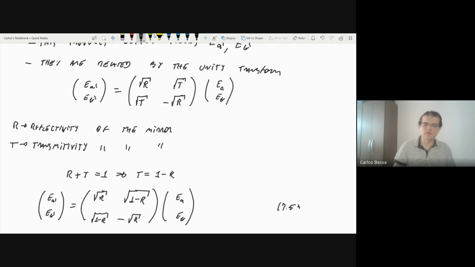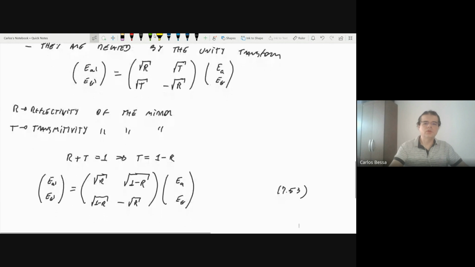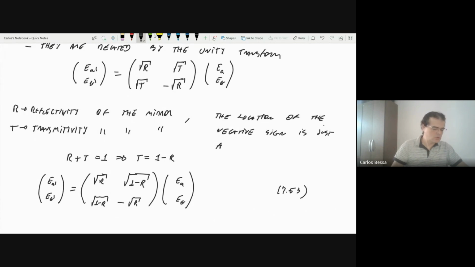Okay, equation 7.52. The location of the negative sign is just a convention.